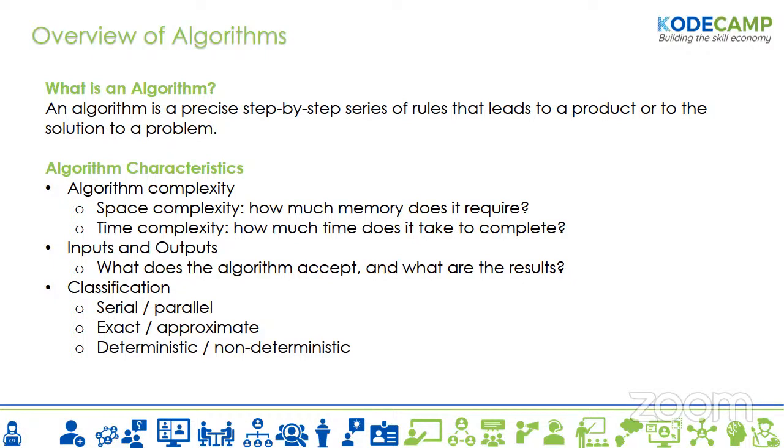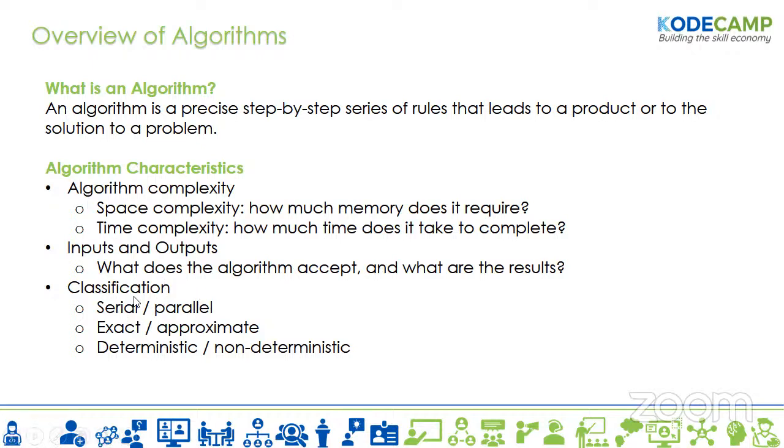When we're talking about what it accepts, we're asking what type of data, what amount of data, what kind of data, how large the data set is. And then, how does it present the result? What kind of result do we get? So that's what we mean by input and output.